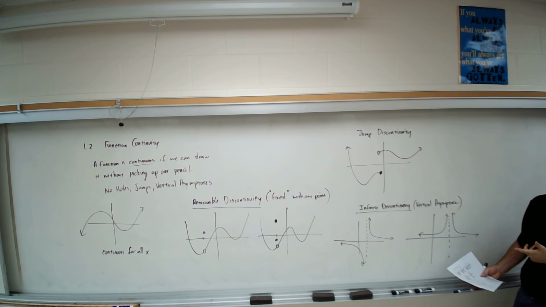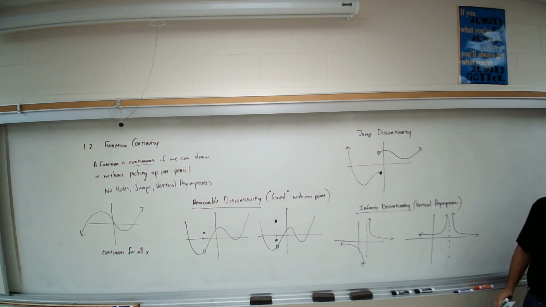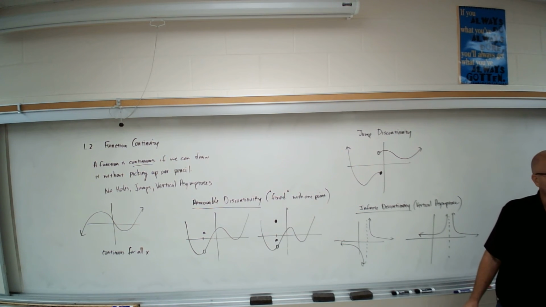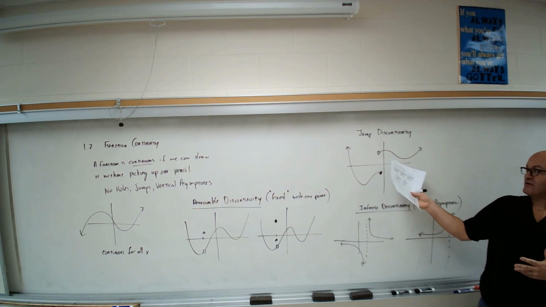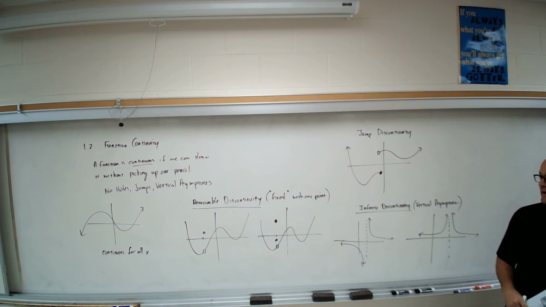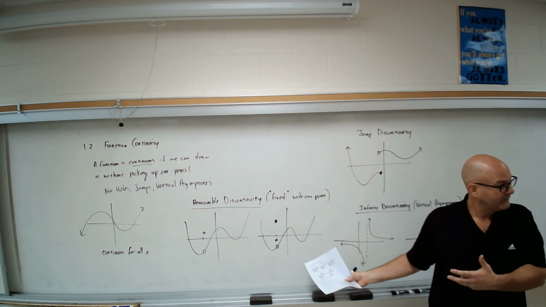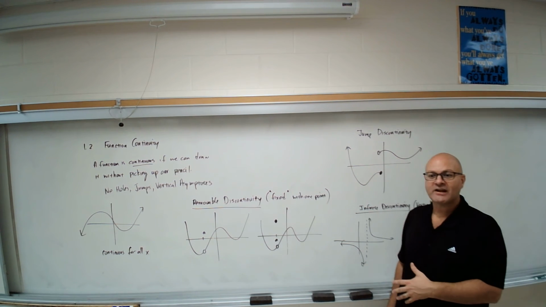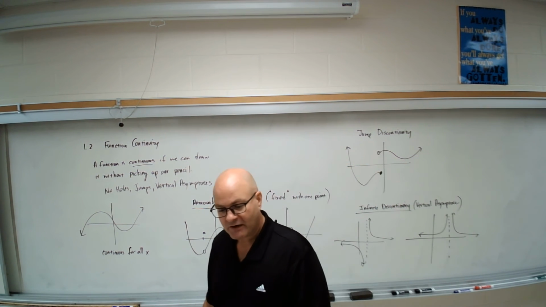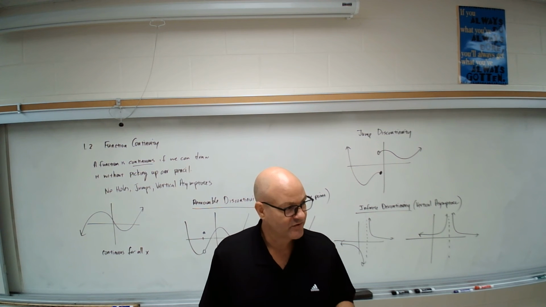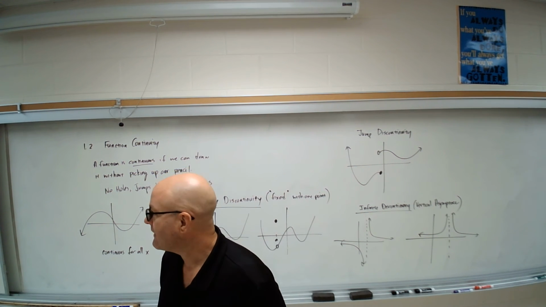It's not removable. So whenever you see a vertical asymptote, you're going to have an infinite discontinuity, right? If you have a piecewise function with a jump, you have a jump discontinuity. If you have removable, that's good to know. There are some other types that you might run across in calculus where the function just kind of goes crazy and you get all kinds of weird behavior.